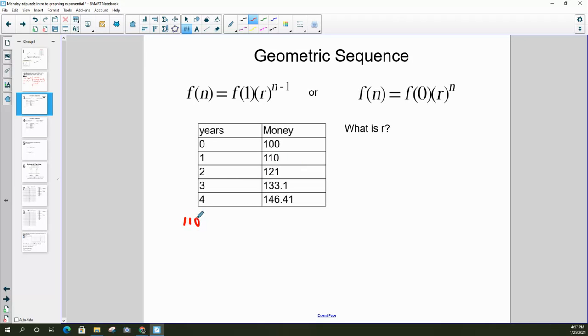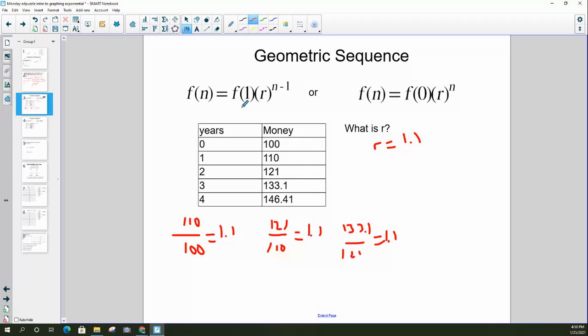So 110 divided by 100 equals 1.1. 121 divided by 110 equals 1.1. 133.1 divided by 121 equals 1.1. So every time it's 1.1, which means I'm multiplying by 1.1 every time to get the next number. So in this case, r equals 1.1.